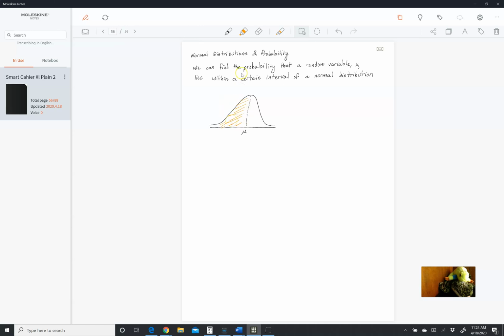Whereas if we're talking about standard deviations, we said in the last lecture that if we're one standard deviation below to one standard deviation above, the probability that we fall into this area is 68%.